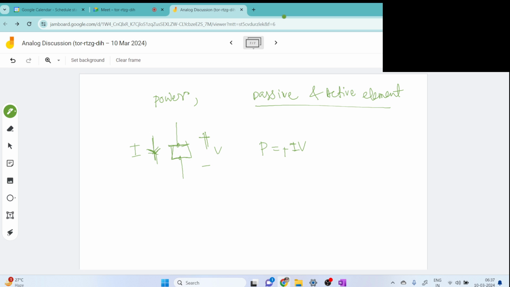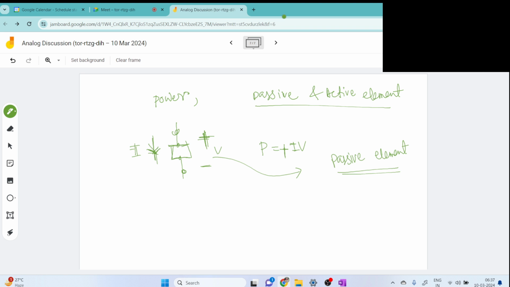So if we model an element like a two-port element with this voltage and this current, and there is positive power, then this device is called a passive element.